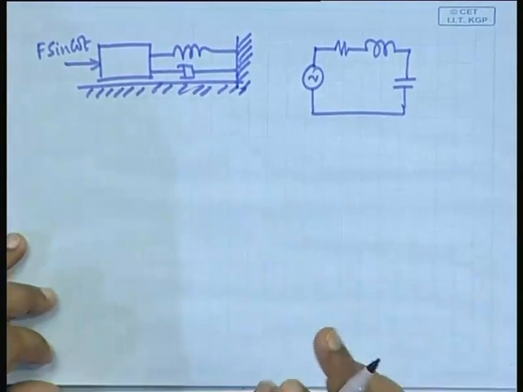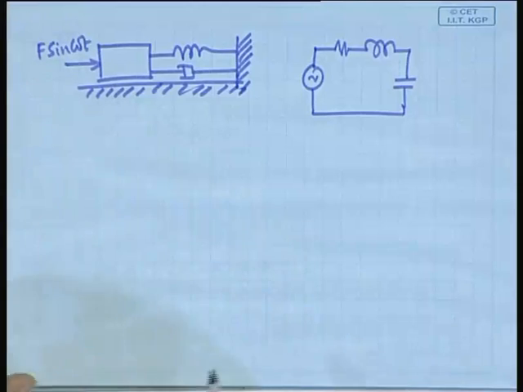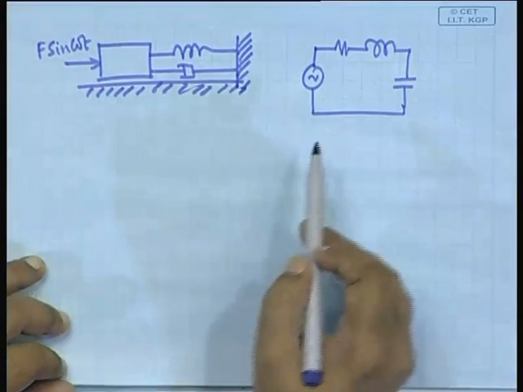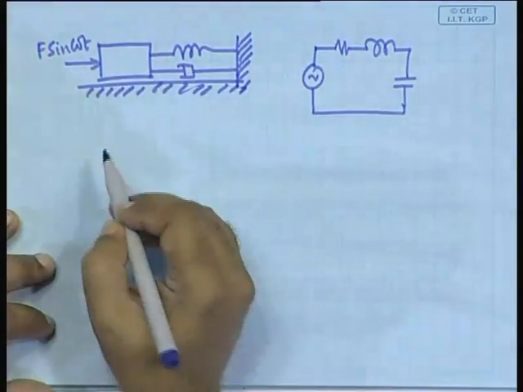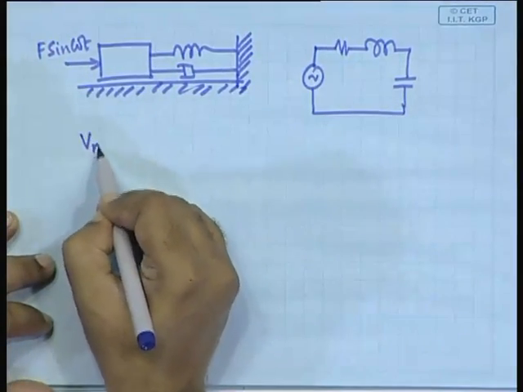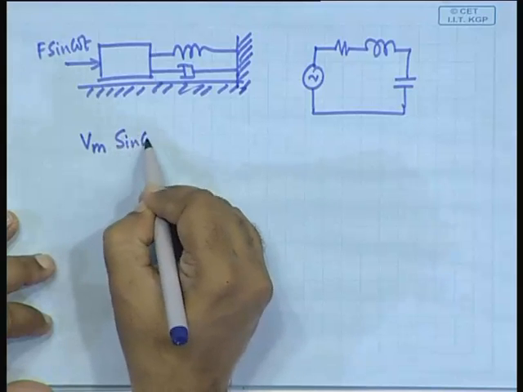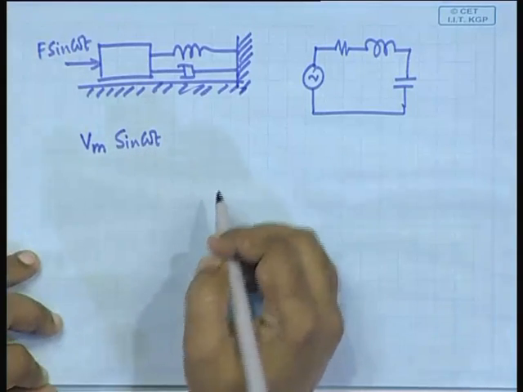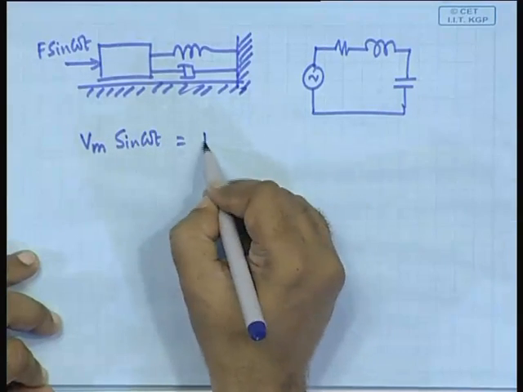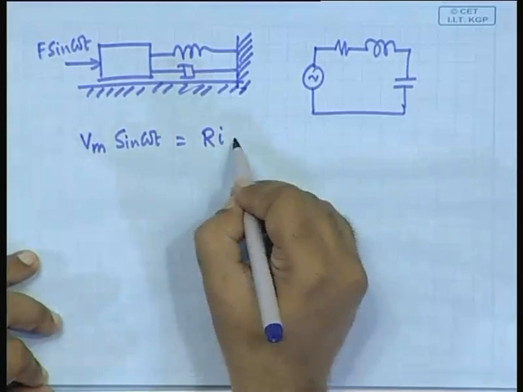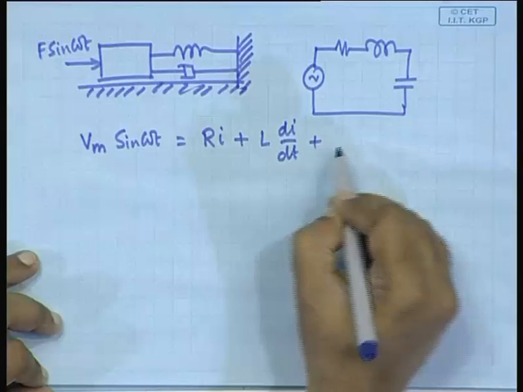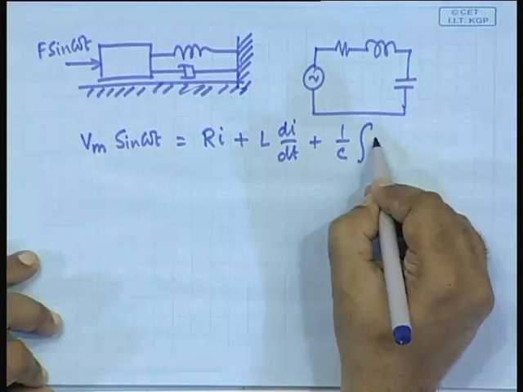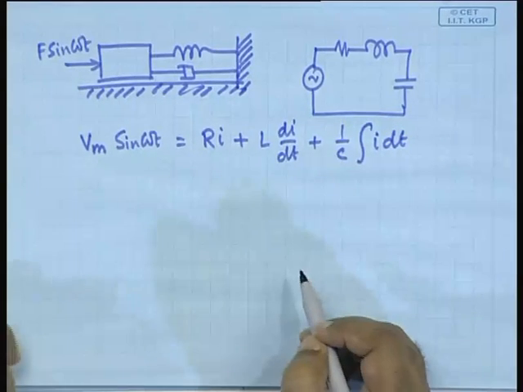So, in that case, how would you proceed? First, write down the equation of this circuit. Let us proceed with the circuit example, and then we know that it is equivalent to the mechanical example. So, you have V m sin omega t is equal to R I plus L d I dt plus 1 by C integral I dt.